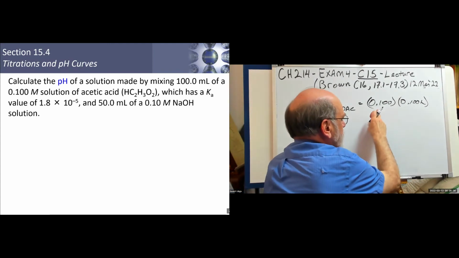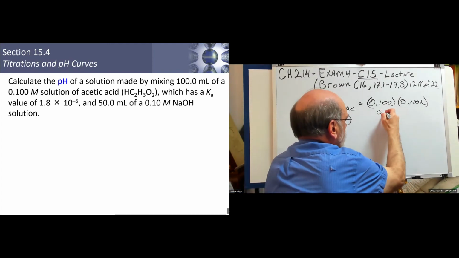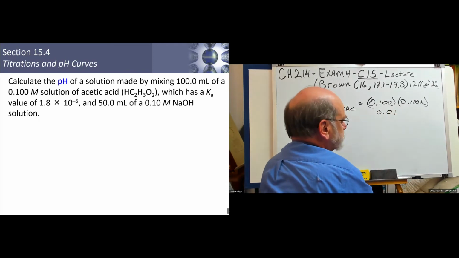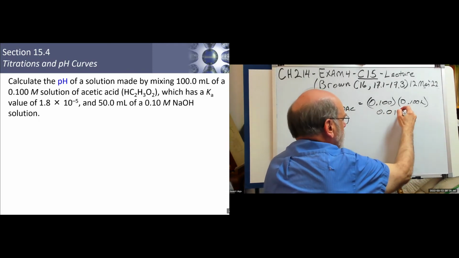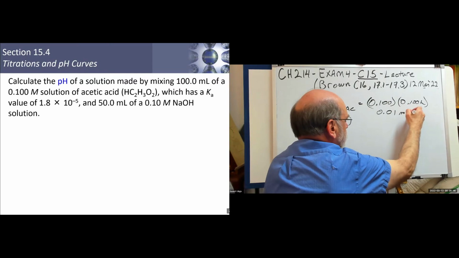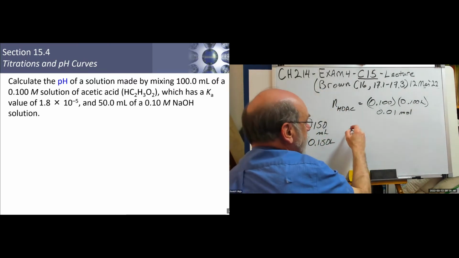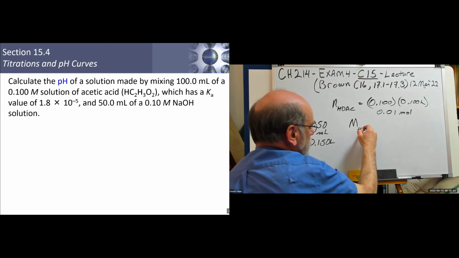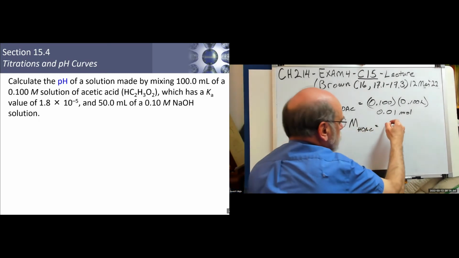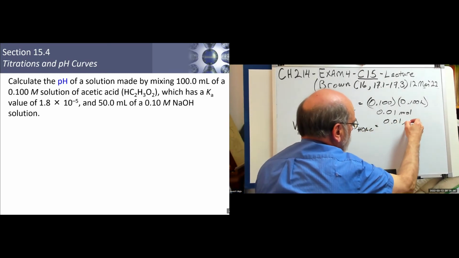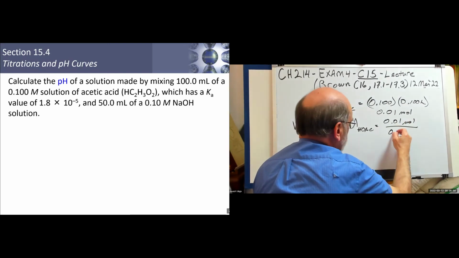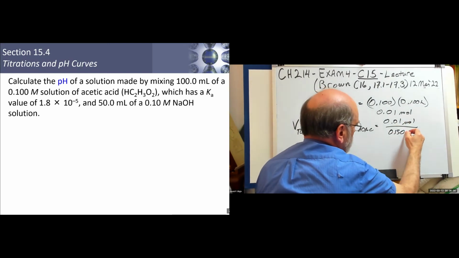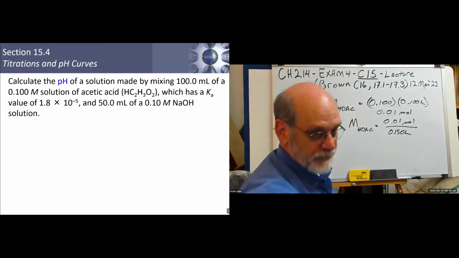So that would give us 0.1 times 0.1 is 0.01 moles. And now the concentration of acetic acid is equal to 0.01 moles divided by 0.15 liters.